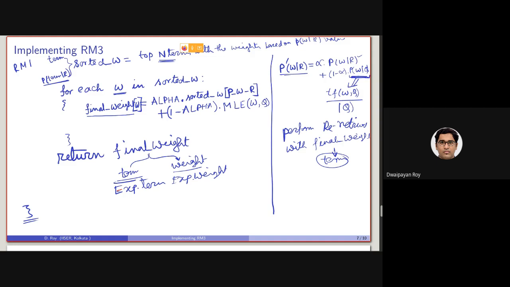So using the terms stored in the final weight as the expansion terms, we perform the final retrieval. That's it. Any question?